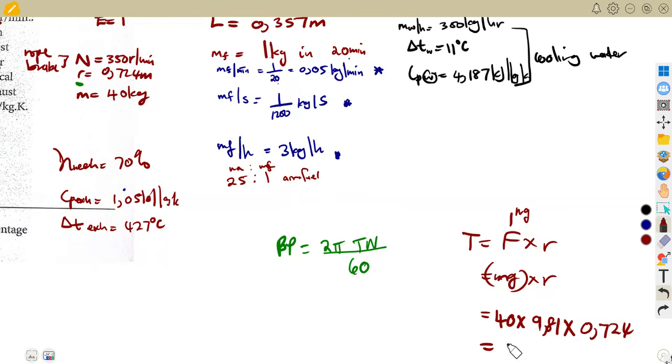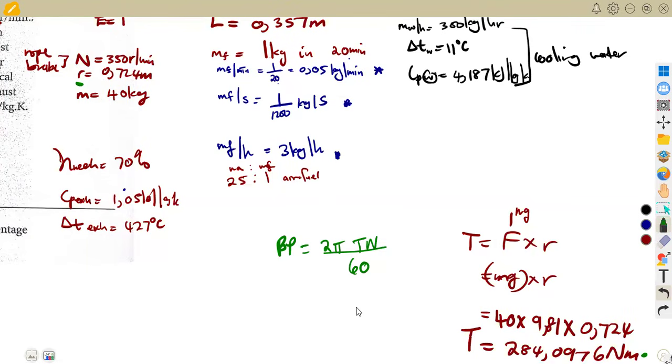This is going to give us something like 284,0976 Newton meter. You can round off to 3 decimal places, which is fine, but this is the exact value that we have, so you can take it as it is, or you can fix your calculator to 3 decimal places if you want. As for me, I'm going to take it as it is.